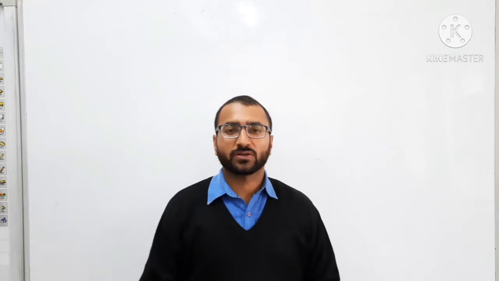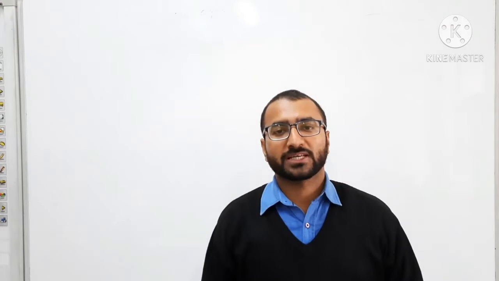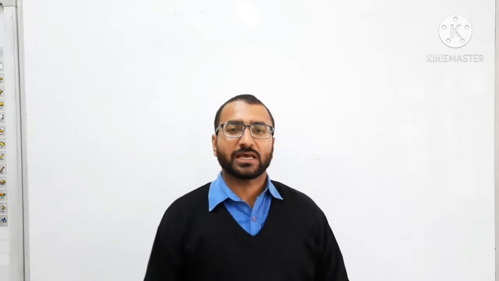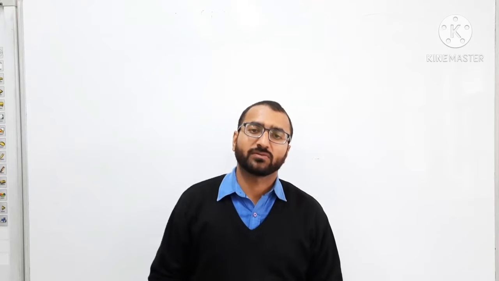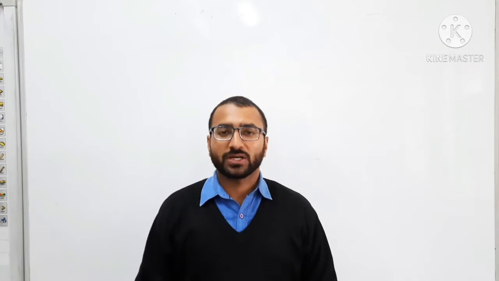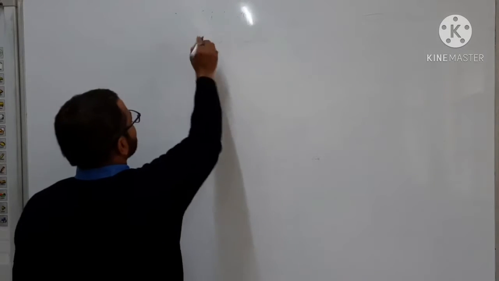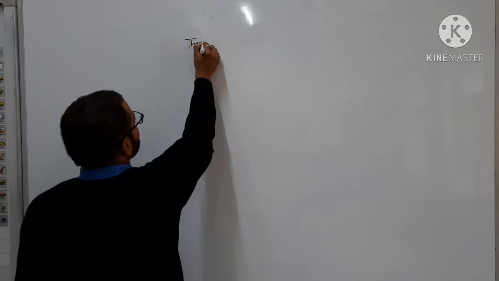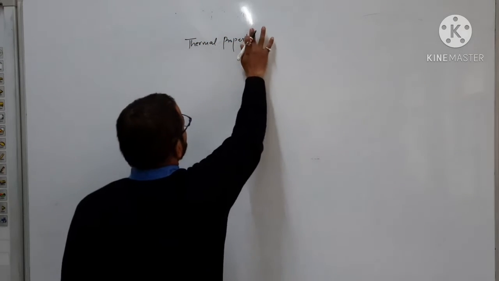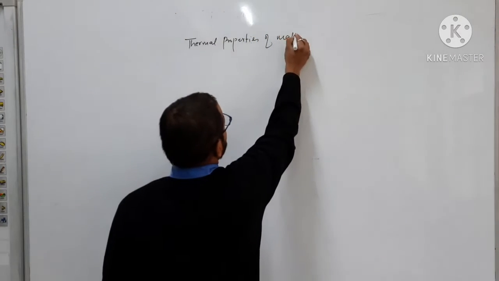After that we will talk about the different types of thermal expansion, in which we will calculate the coefficients of thermal expansion alpha, beta, gamma, and then we will discuss the ratio of alpha, beta, gamma, what it will come to. So the chapter name is Thermal Properties of Matter.